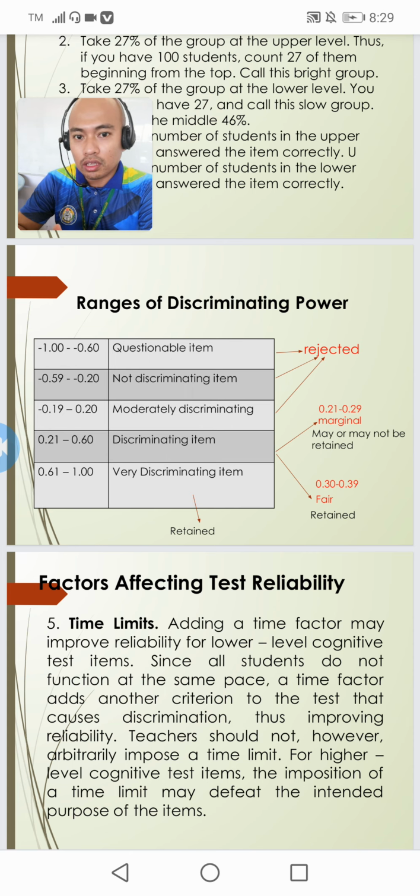Okay, so in this case, there are two possible results, okay, if the index will lie in this interval 0.21 to 0.60. It is whether you may retain it or you may not retain it.